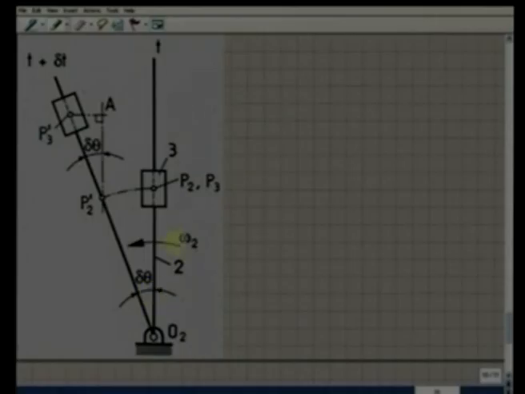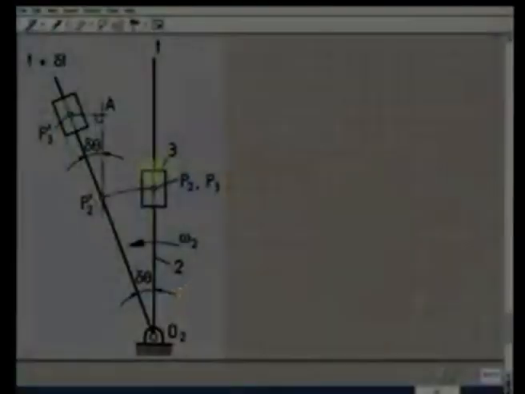Let us consider that omega 2 is the angular velocity of this rigid body 2, that is, this rod is rotating counterclockwise, and in time delta t it rotates through an angle delta theta. During this time delta t, body 3 has moved from here to there, that is, P3 has gone to P3 prime, whereas P2, the point on the rod, has moved to P2 prime because it is rotating about the point O2.